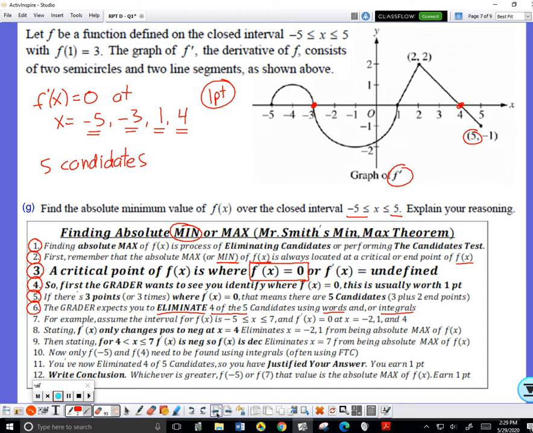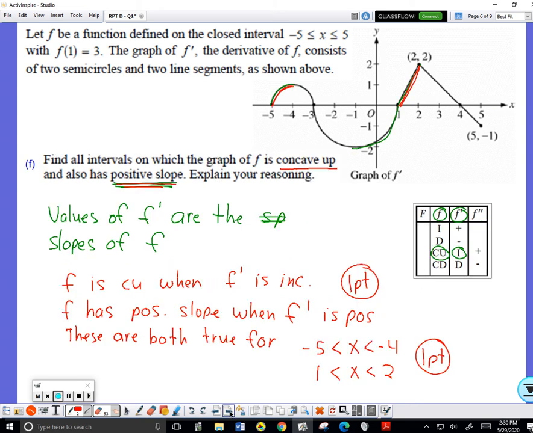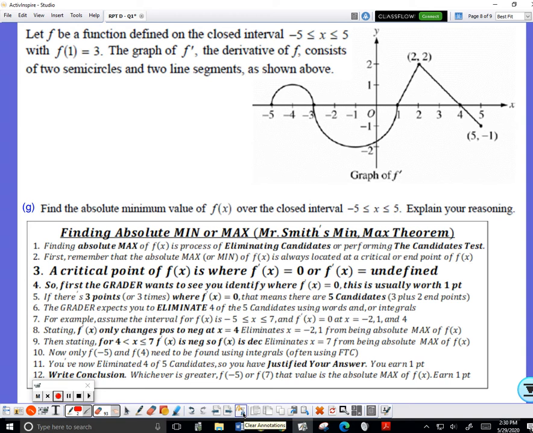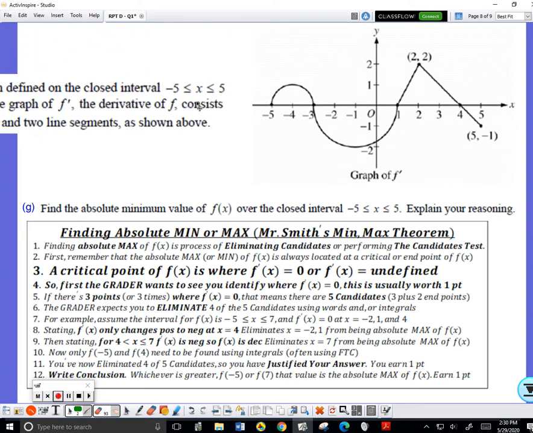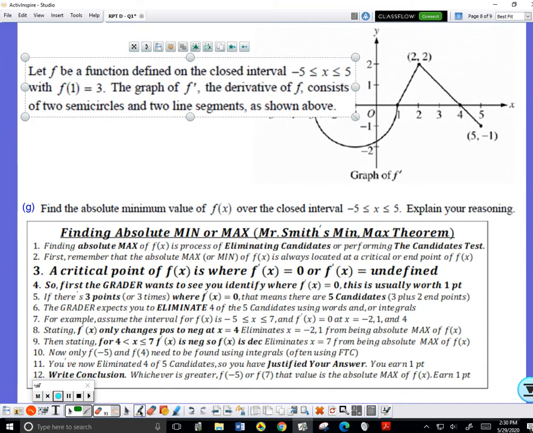So in the earlier part, we already identified x equal -3 and x equals 4 as being a relative max. So we can just reference that. We don't have to redo the work. So let's clear this off. Let's move this out of the way. Delete that. Now, wait a minute. I'm going to need that f of 1 equals 3 probably, so let's write that down.